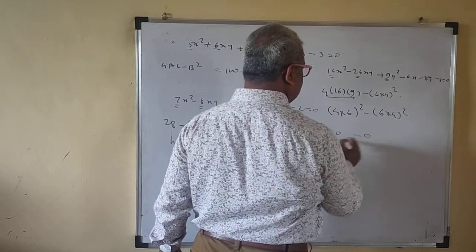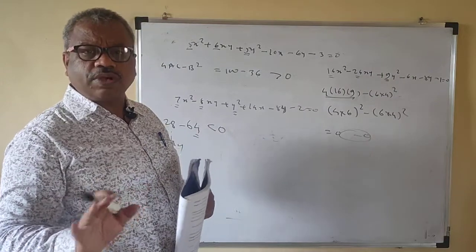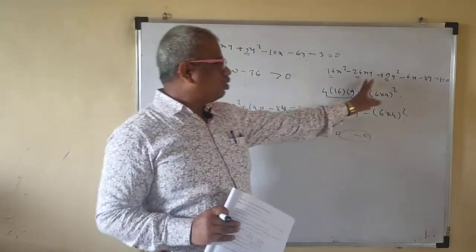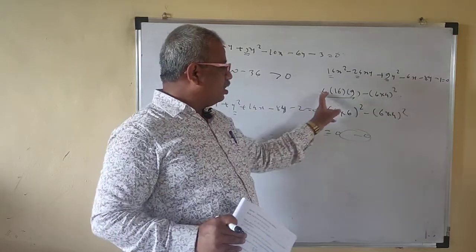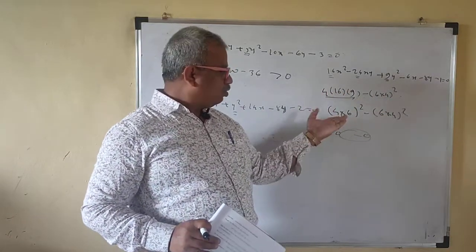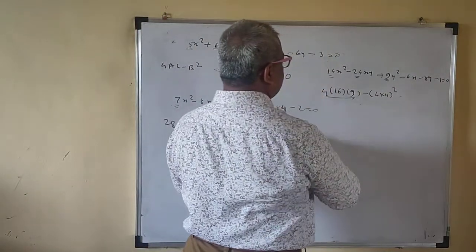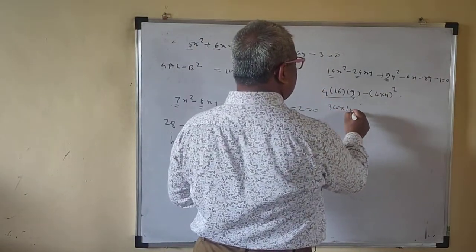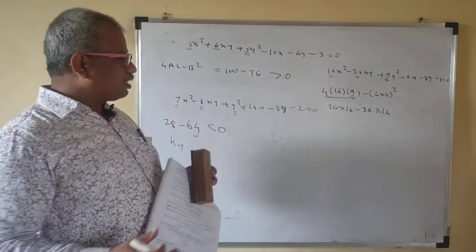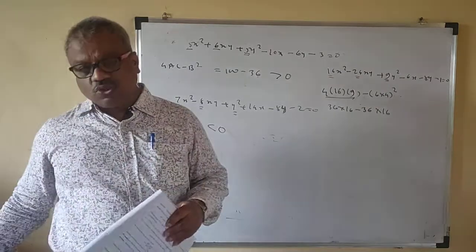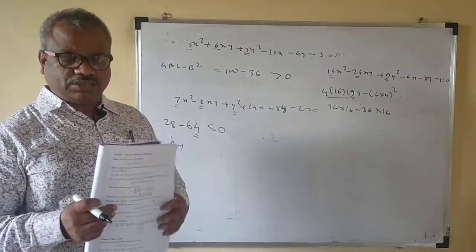So this is 0. No need to do the square of 24, because 24 is 6 into 4, so that is 36 into 16. This is also 36 into 16. Both are the same, so it is 0. No need to do the square and the product; easily you can judge this.